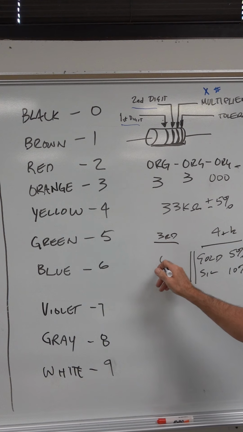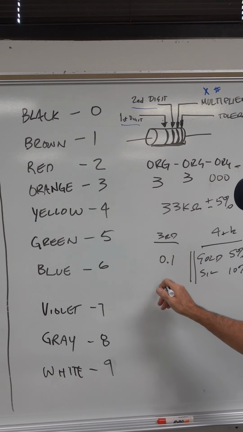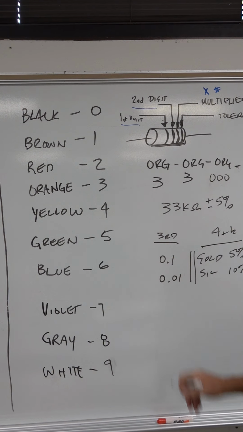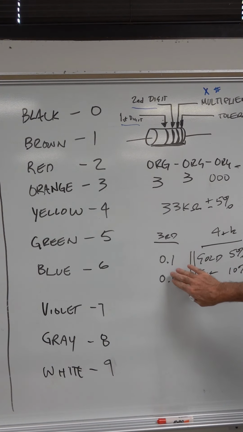And so gold becomes a multiplier of 0.1 and silver becomes a multiplier of 0.01. And you can remember that gold is going to be worth more than silver. So 0.1 is like a dime and 0.01 is like a penny. So you can remember those as multipliers. And so hopefully you'll get pretty extensive exercise in finding resistors and doing the resistor color code.